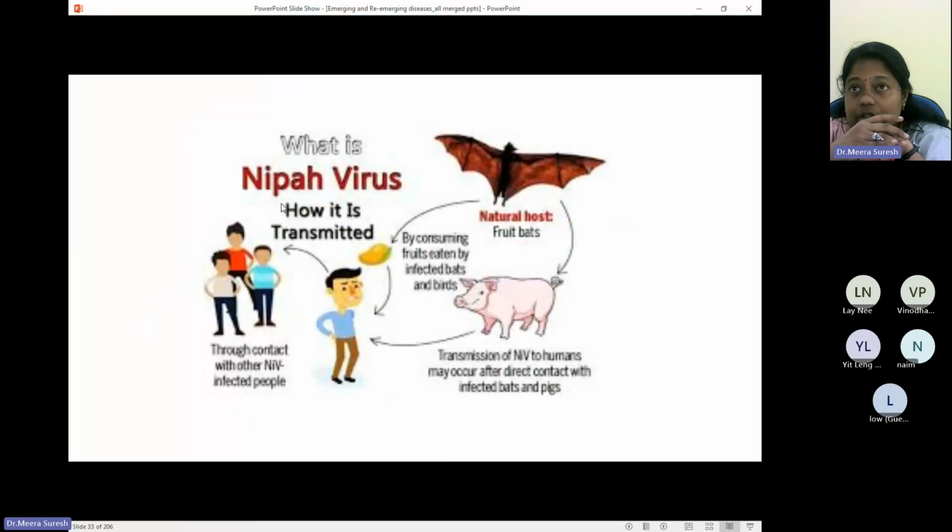So just imagine the case severity, or the case attack rate, whatever we studied in epidemiology. It was very, very, very serious. 18 people were diagnosed with confirmed Nipah virus infection, and out of that 18, 17 passed away.